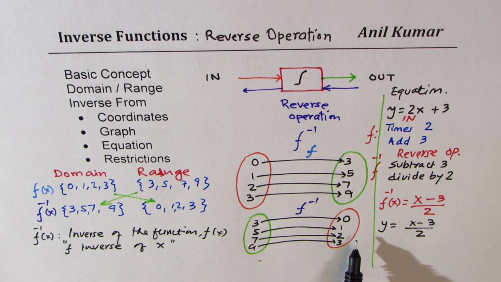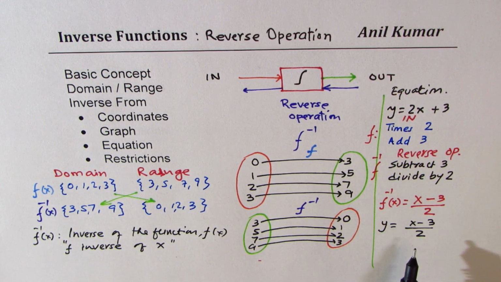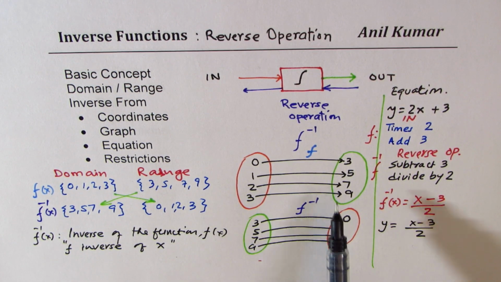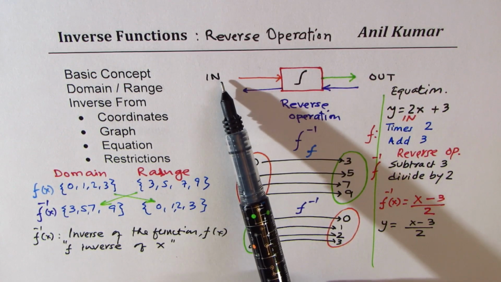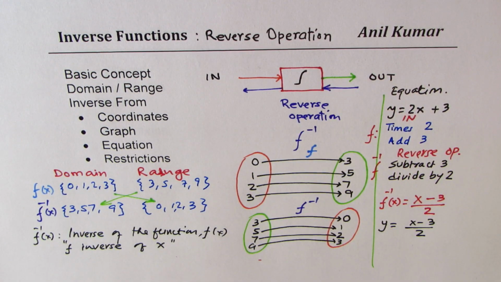So that works. So what we have done here is we have shown you that the basic concept of inverse function is to find a function which can return the input from the output, right? So it is reversing the operation, right?